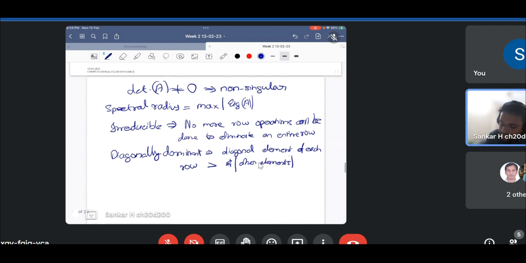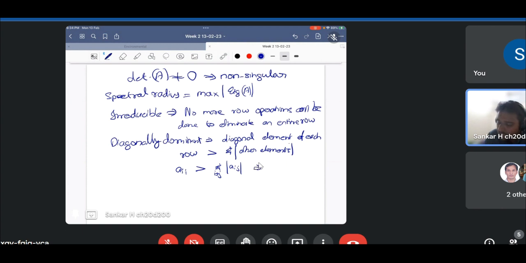Mathematically, this can be written as |aii| must be greater than the sum over j not equal to i of |aij|. This is known as the strong form, and the weak form is greater than or equal to the sum over j not equal to i of |aij|.